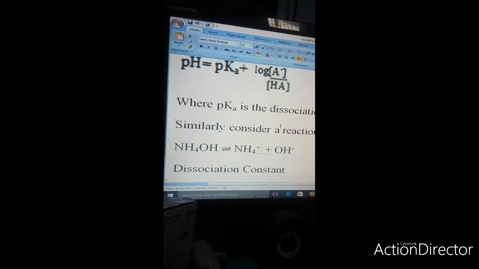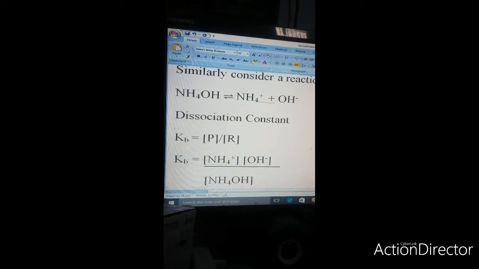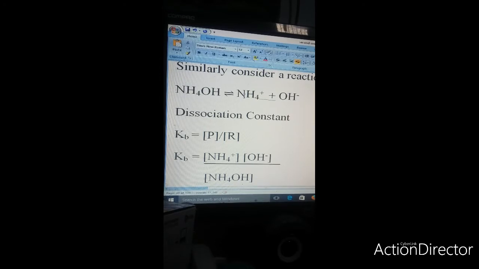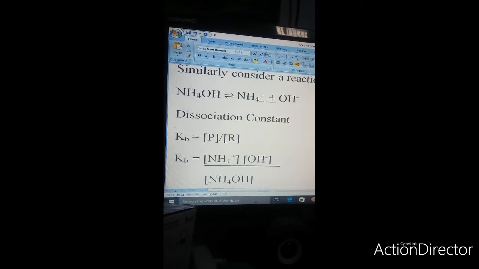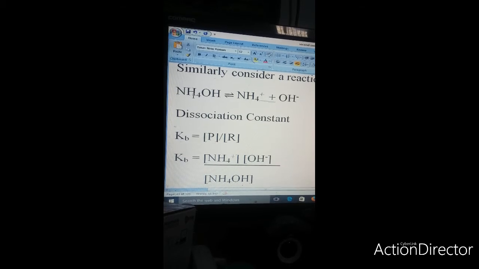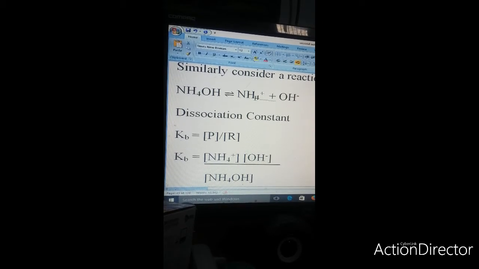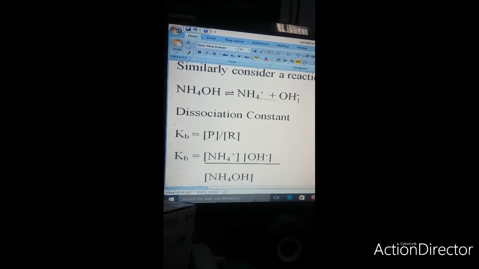Now let us find the pH value of a weak base. Here we are considering a weak base, NH4OH, which dissociates into NH4 plus and OH negative ions. The dissociation constant of a base is represented by Kb, which is the concentration of products upon reactant.